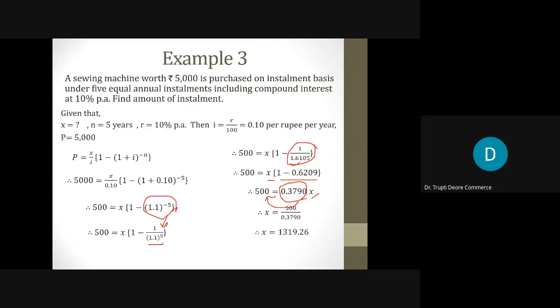Mostly try to take the answer up to 2 digits in case of amount or rate of interest. Right, Divya? 1319.26 in rupees. Okay, right, Pooja. 1319. Yes, Riddhi. Yes, Asha. Right. So answer you have to write like this. Therefore, the amount of installment is rupees 1319.26.